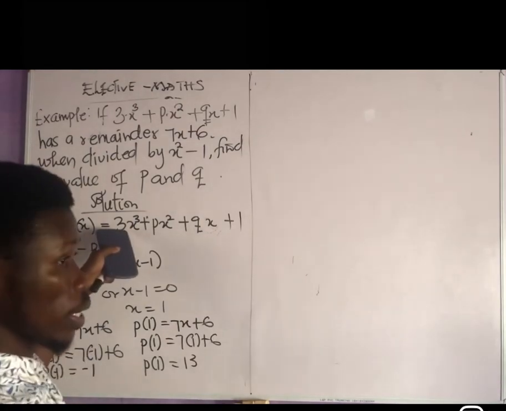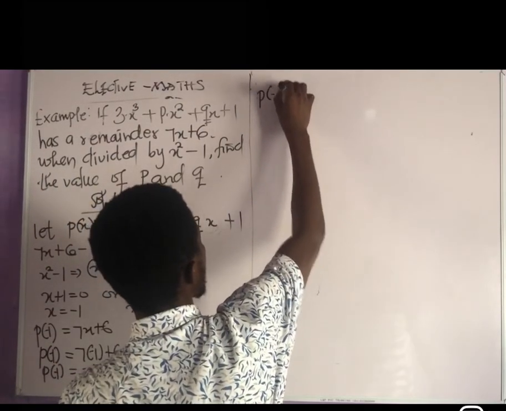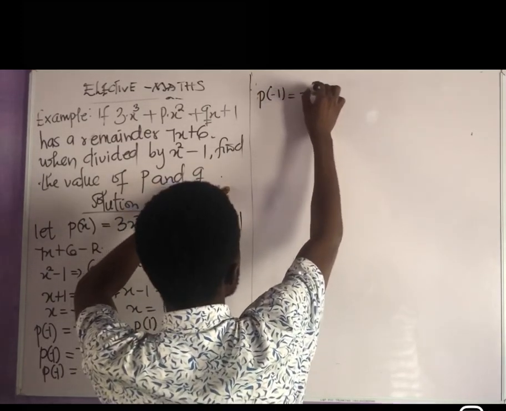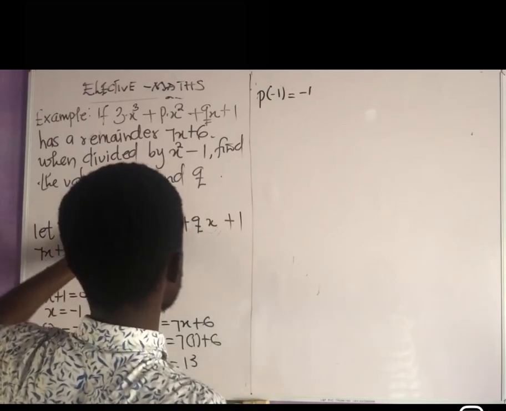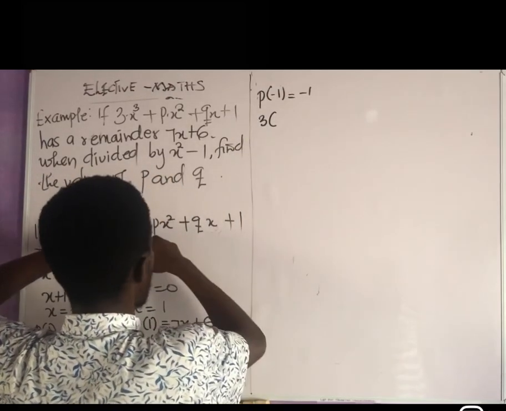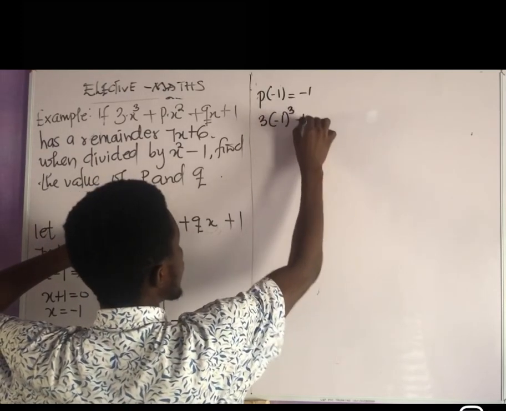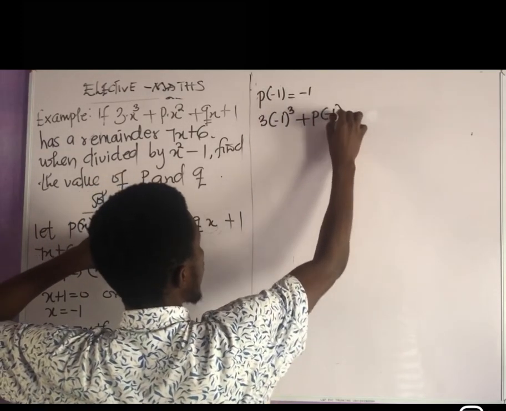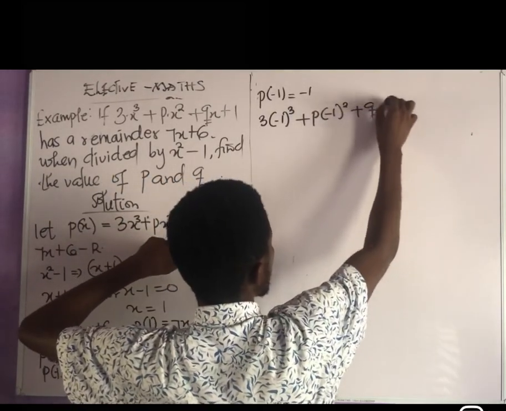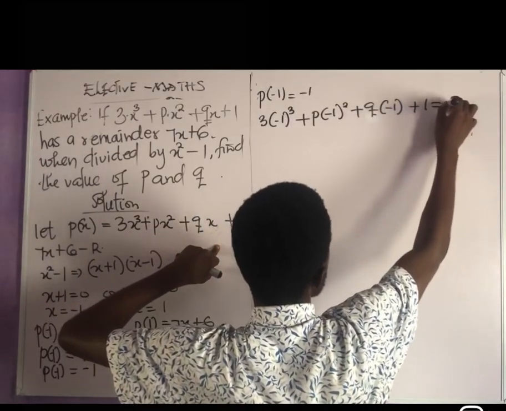Now let's come back to this. I have p of negative 1, which is equal to negative 1. Meaning that for our polynomial, wherever I see x, I replace it by negative 1: 3 times negative 1 cubed plus p times negative 1 squared plus q times negative 1 plus 1 should give us negative 1.